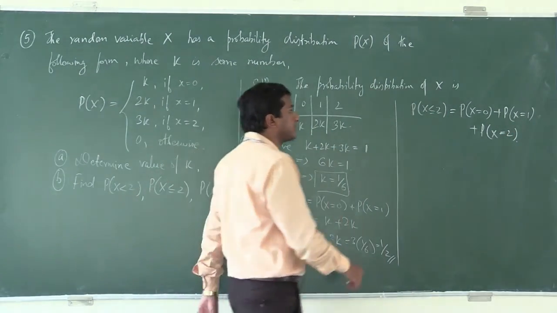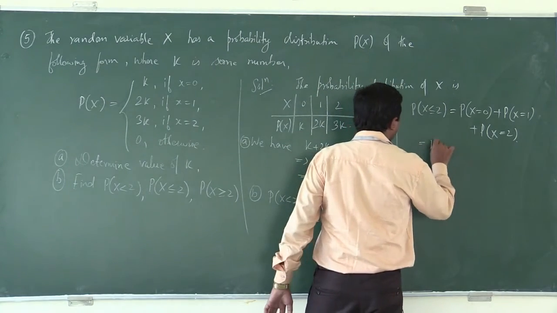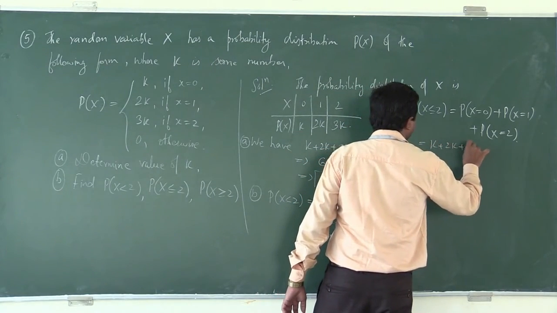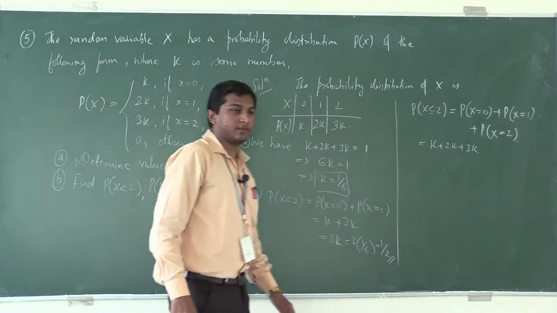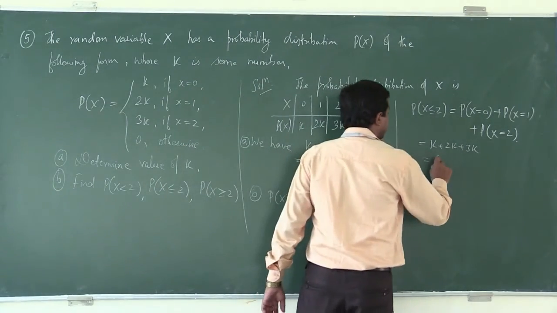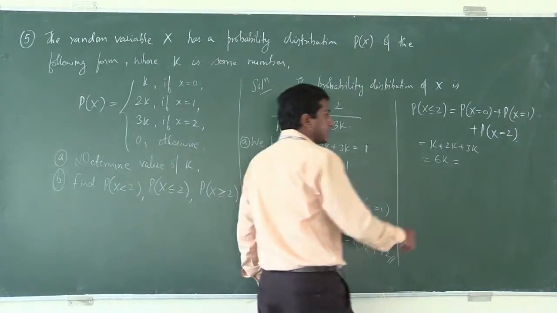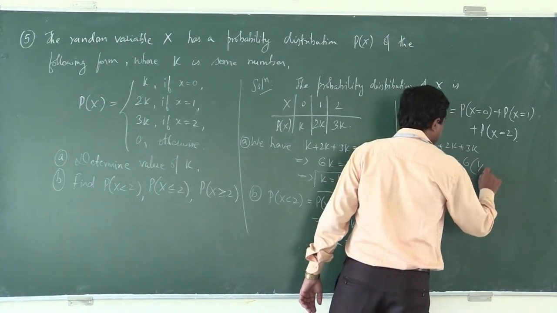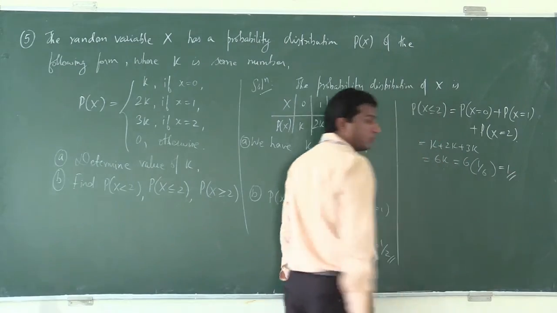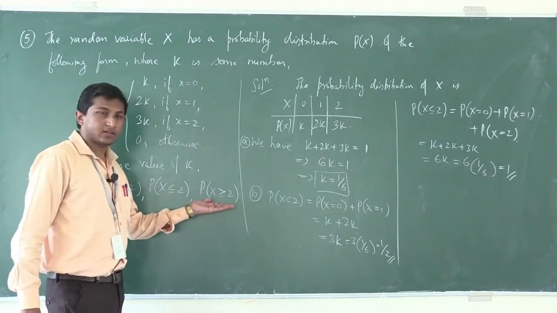Okay, what do we get? We get k plus 2k plus 3k. So that gives us again 6k. Value of k is 1 by 6. So 6 into 1 by 6 gives us 1.